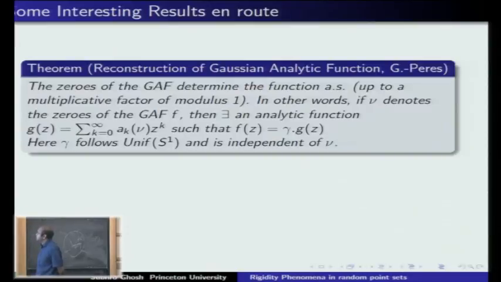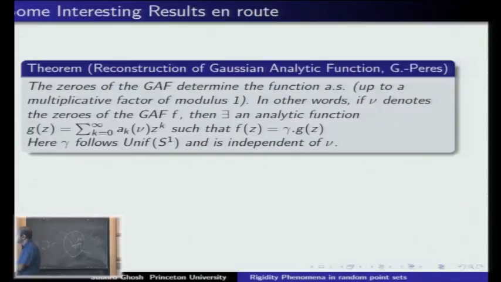But it turns out that for the Gaussian entire function, if we know the zeros, then we can recover it up to a multiplier gamma, which is random but is independent of the zeros. In other words, on the basis of the zeros we can construct an entire function which equals our original Gaussian entire function up to this factor gamma.